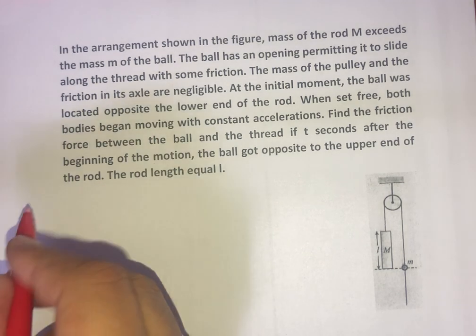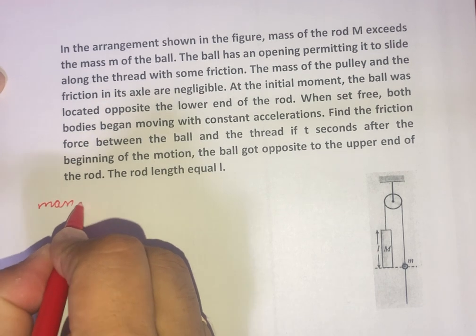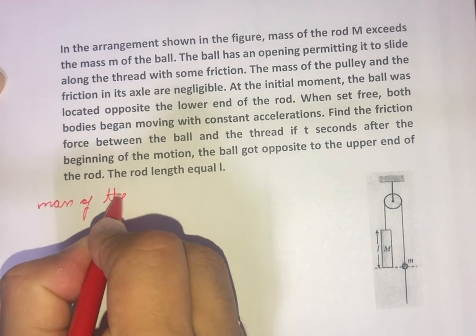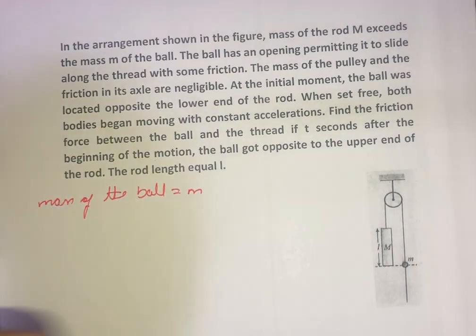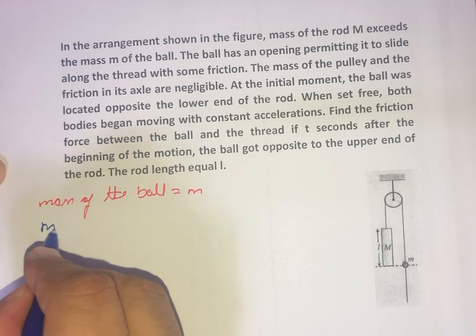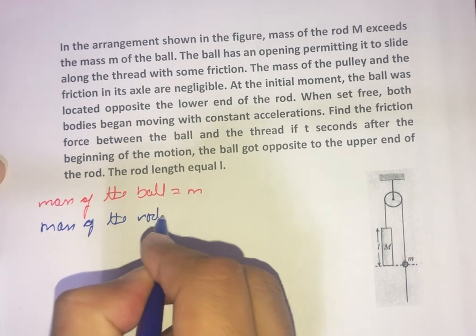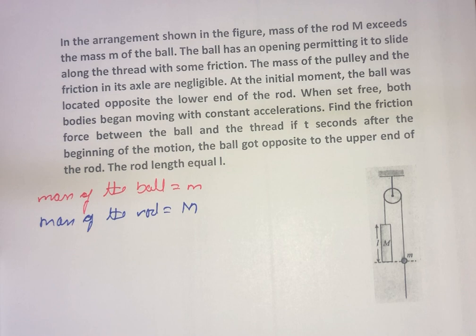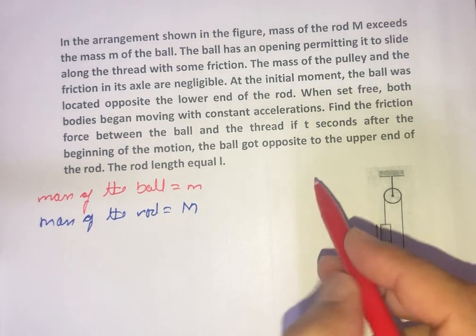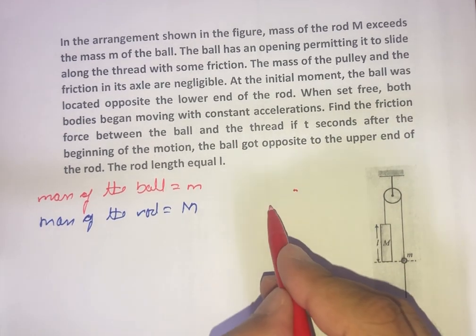You can see that it is given that the mass of the ball is equal to small m and the mass of the rod is capital M. So this is the original initial condition, and the final condition we can draw like this.